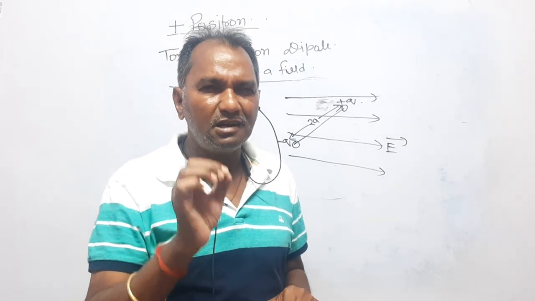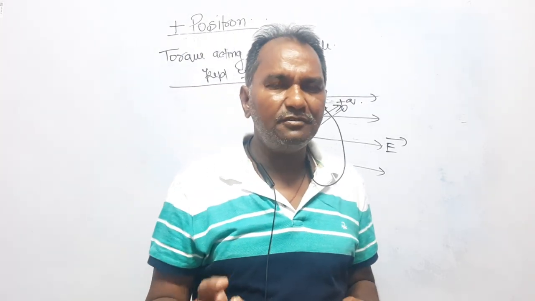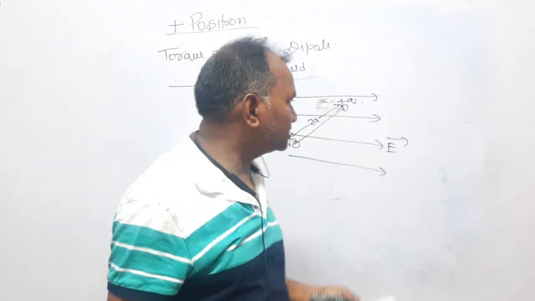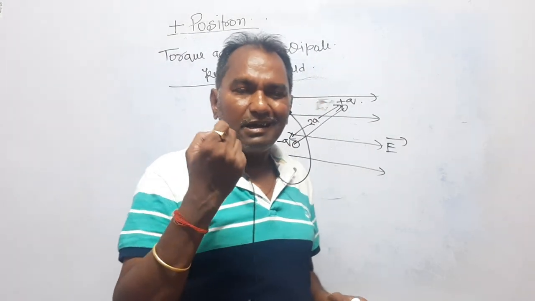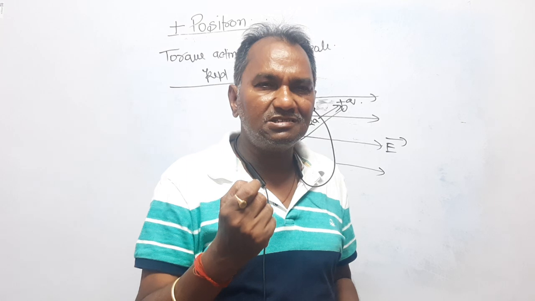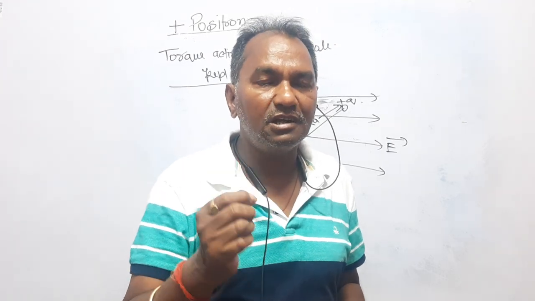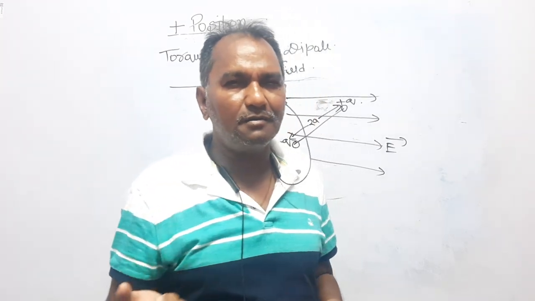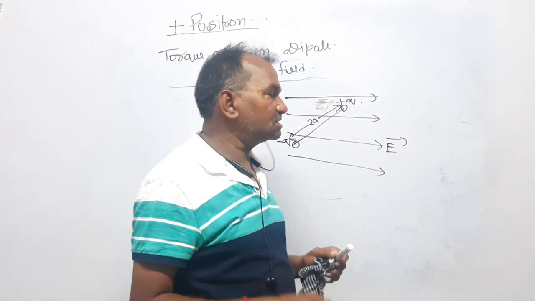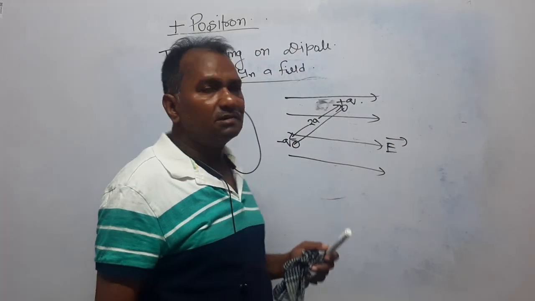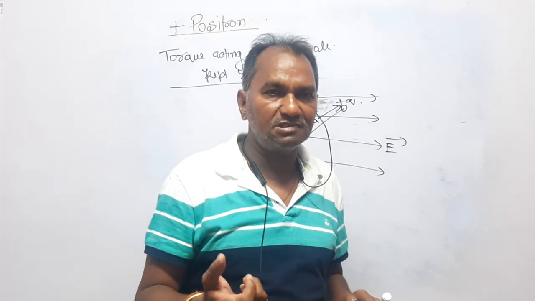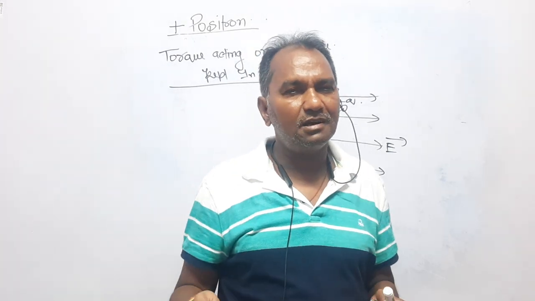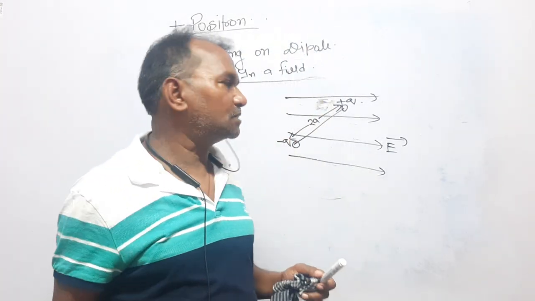Simply because most of the time we have to take half of the distance. This 2a or a does not matter. The distance between the charges in a dipole is of the order of angstrom, 10 to the power minus 10 meter. We consider 2a because most of the time you have to consider half of the distance, and that is why it becomes a and you can solve easily.